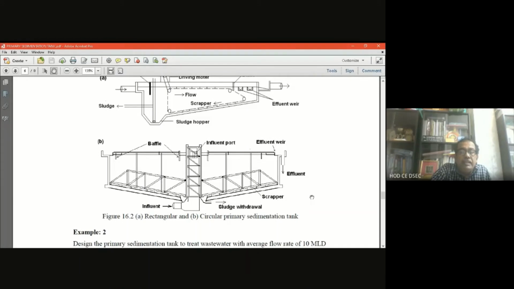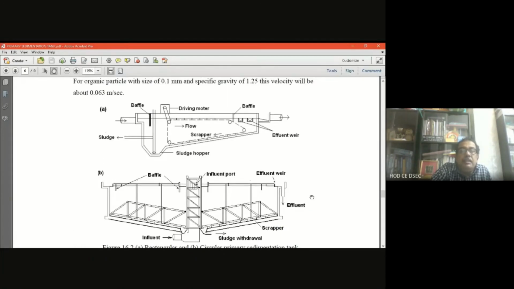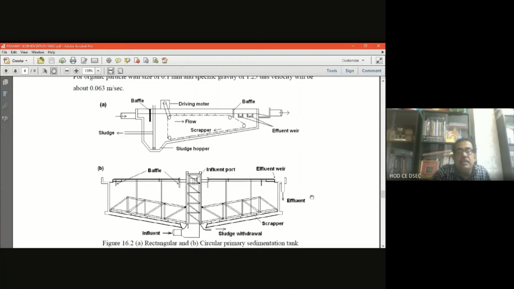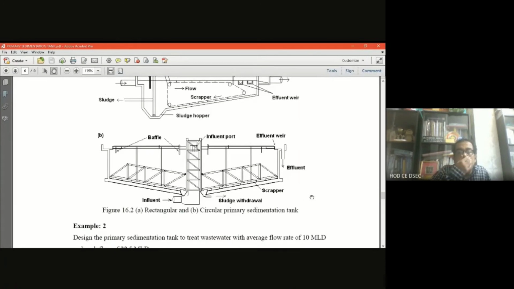It is very important to note that in the rectangular tank the scrapers are attached to a chain system, and the scrapers are for moving solids, with a mechanical driving motor. In the circular tank, the scrapers are attached to a truss system. So here it is a truss structural system, and there is a chain system.